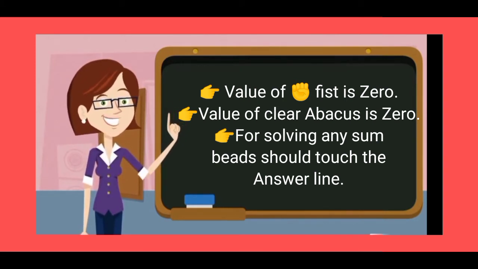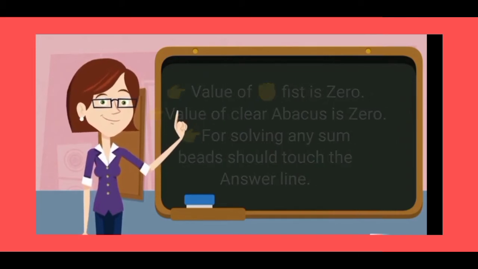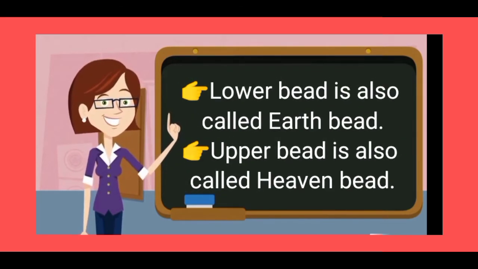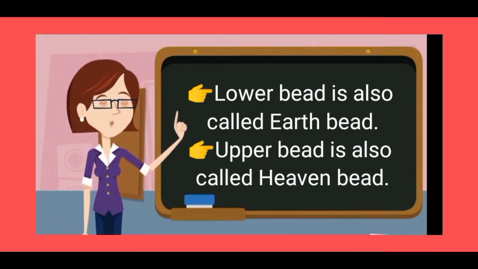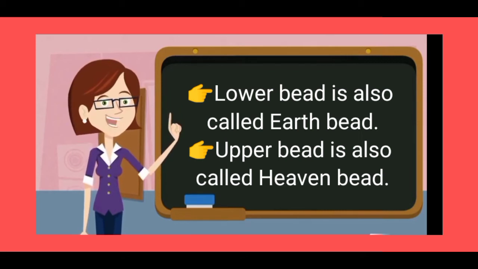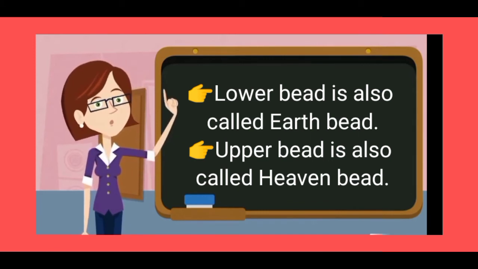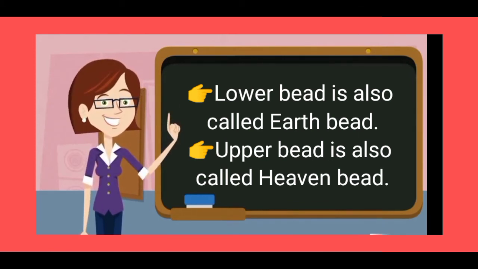And 0 in finger gem, when you do fist means 0, and in clear abacus it is 0. Lower bead is also known as earth bead. Upper bead is known as heaven bead. So if upper bead is asked to you another name, it is heaven bead, or just the opposite. Heaven bead is also known as upper bead, and earth bead is also known as lower bead.